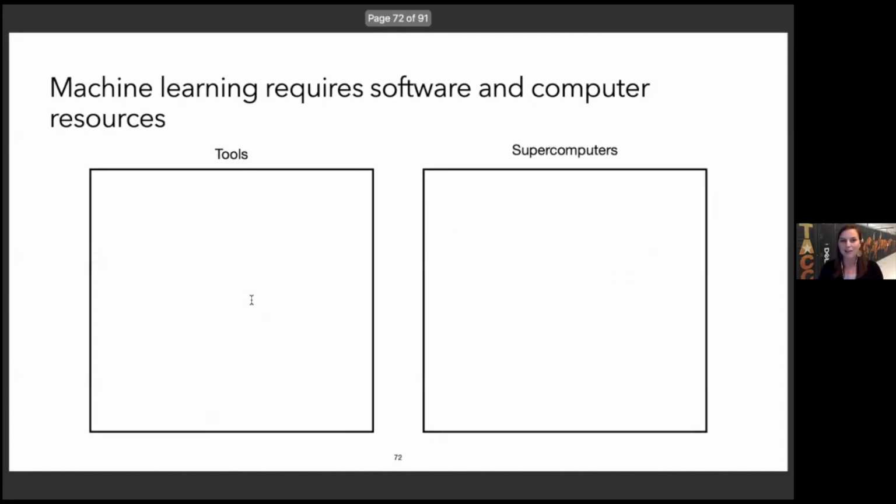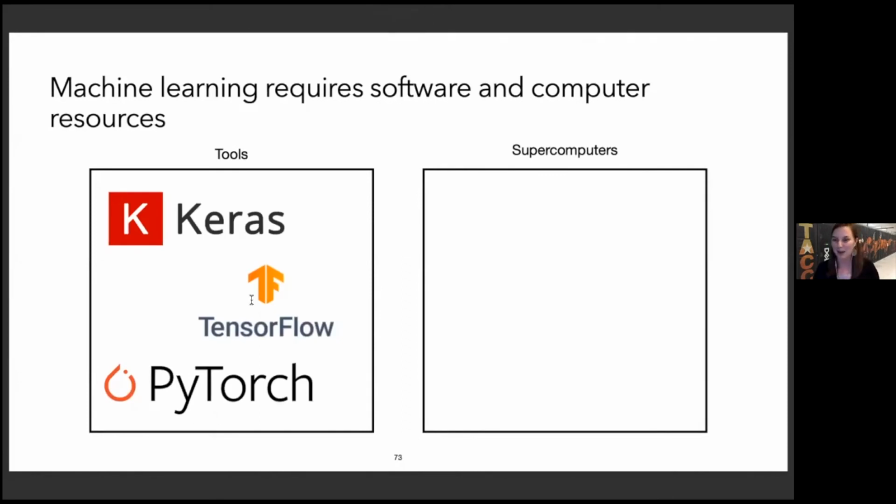Okay, so to actually do machine learning, you need a few things. You need software, so like computer programs, and you need computers to run them on. Luckily, because biology is using tools that have been developed for a long time, there are a lot of really nice software packages available from computer scientists and such that allow us to basically just apply their frameworks to our data.